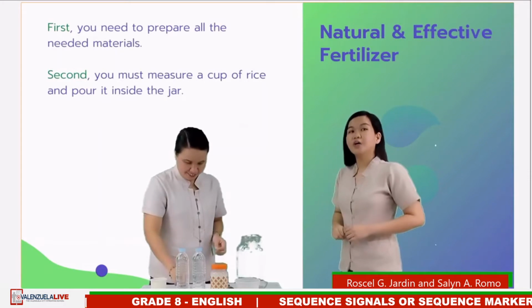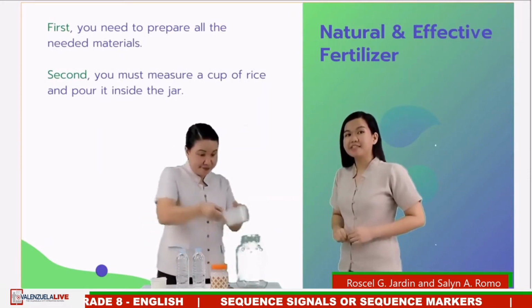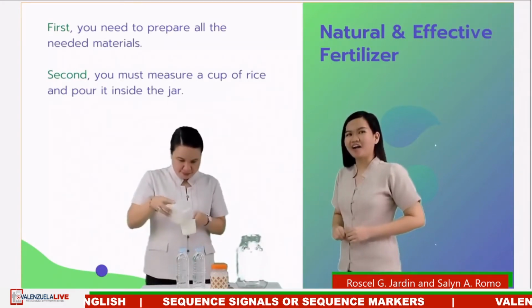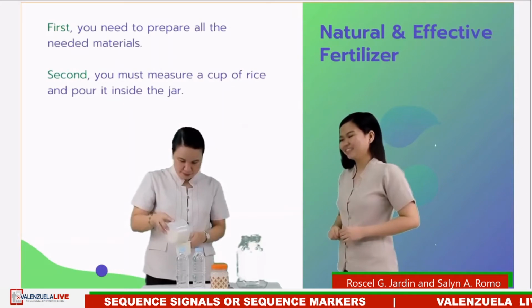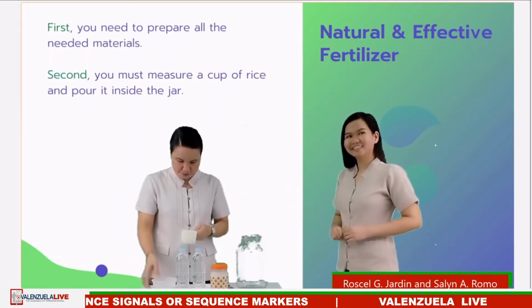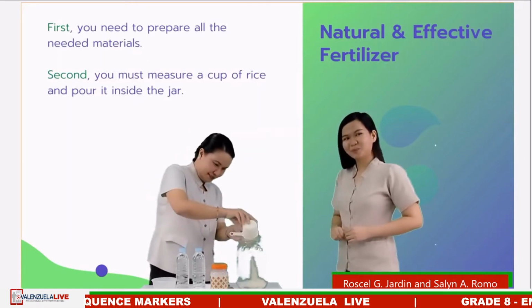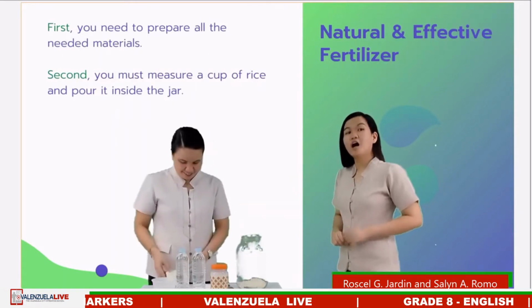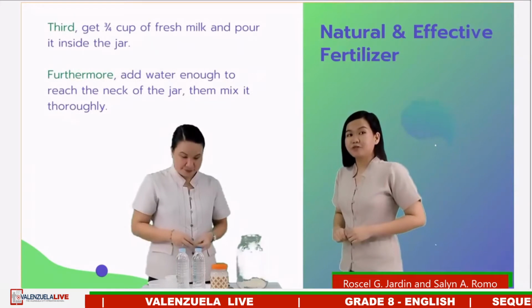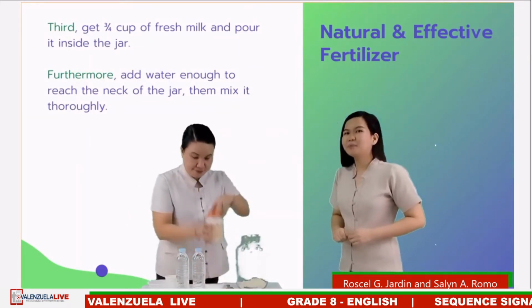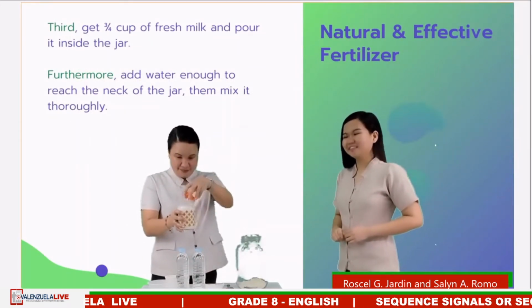Second, you must measure a cup of rice and pour it inside the jar. Third, get 3/4 cup of fresh milk and put it inside a jar.